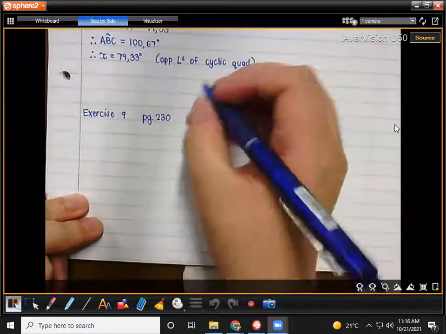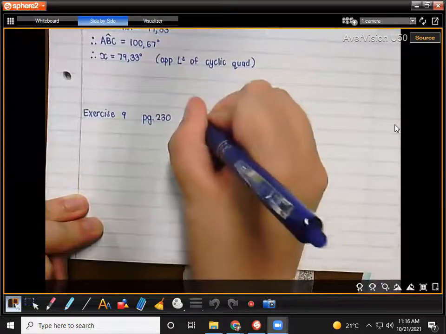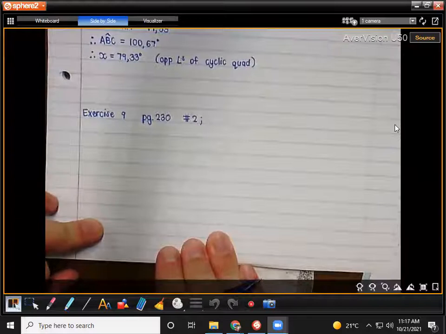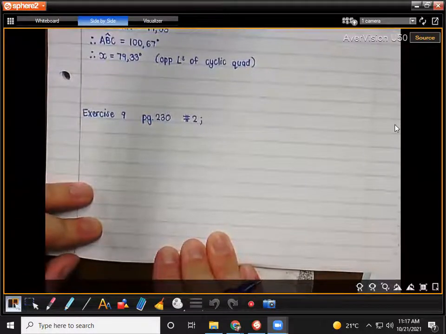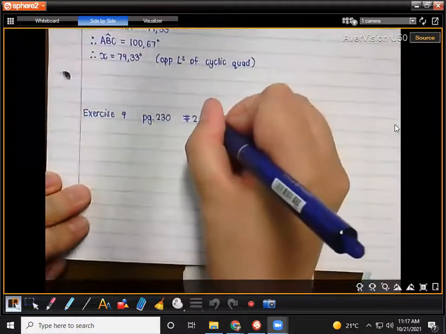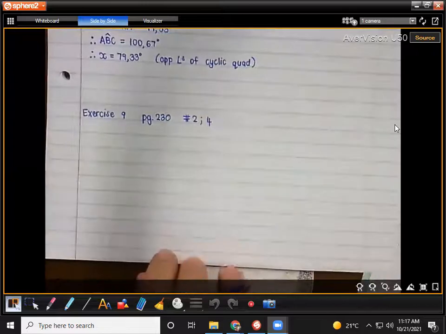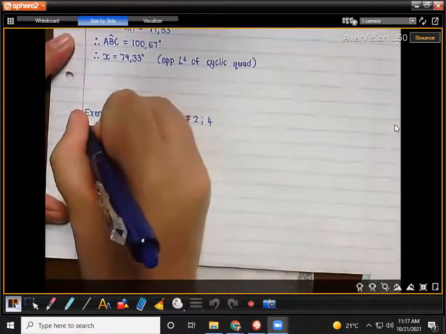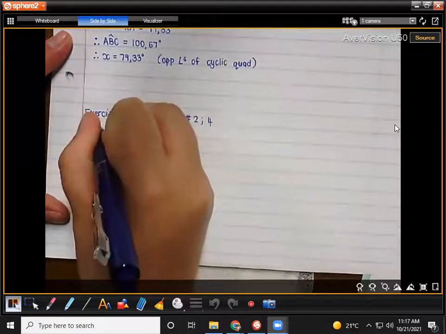I want you to do number 2, which is again working with values, but then we are also doing one where you're working with variables. Number 4. And then from the revision exercise, number 6.